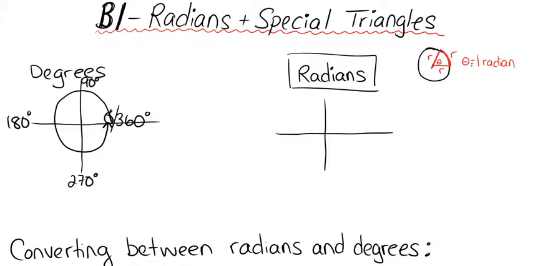Okay, so then we also talked about, for our bike rim, the circumference of our entire circle is 2 times pi times radius. The circumference is equal to 2 times pi times radius. If we were to measure each radius around the circle, it means we're dividing the circumference by our radius.